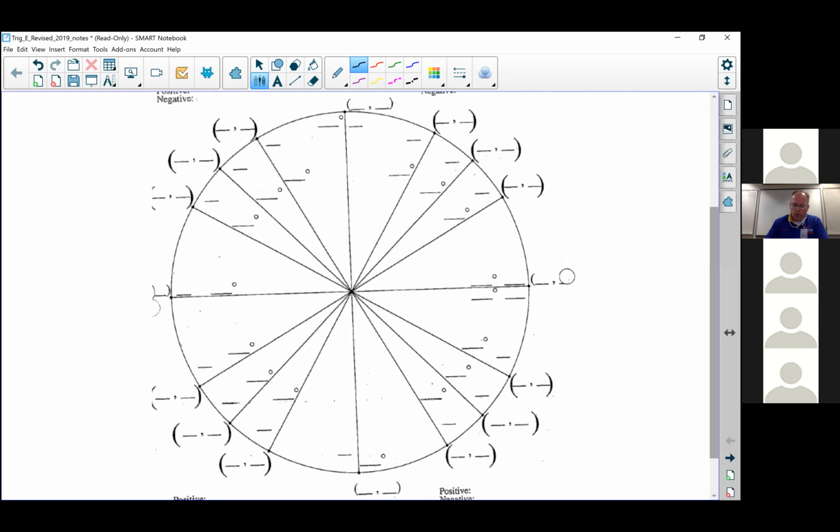Okay, so we need to make sure that we can go all the way around this. So if I have 0 degrees, that's 0 radians. If this is 90 degrees up here, that's pi over 2.